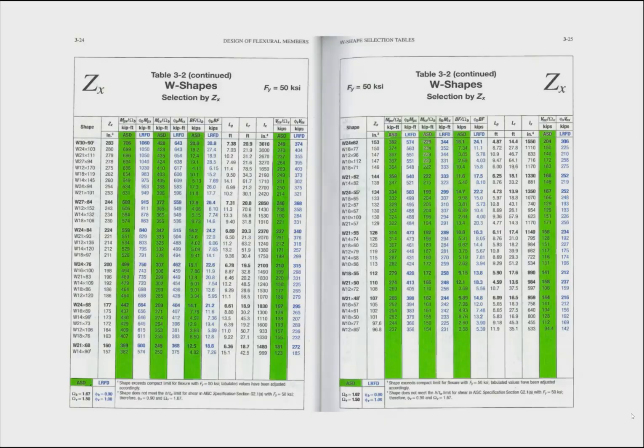Recall that for a beam which is continuously laterally supported on the compression side, and made of a compact section, the nominal moment capacity is given by the yield stress times the plastic section modulus about the axis of bending.